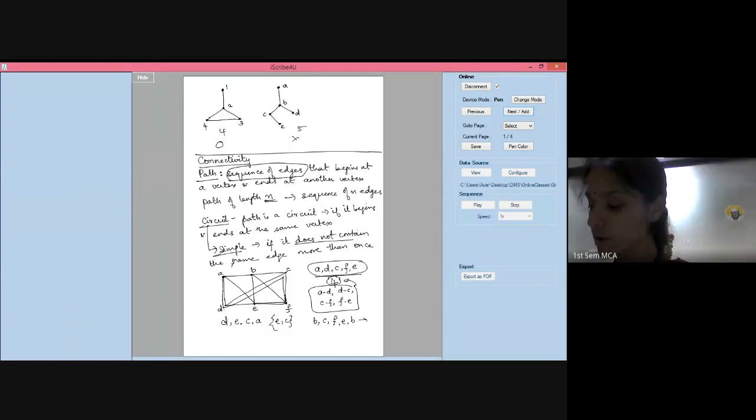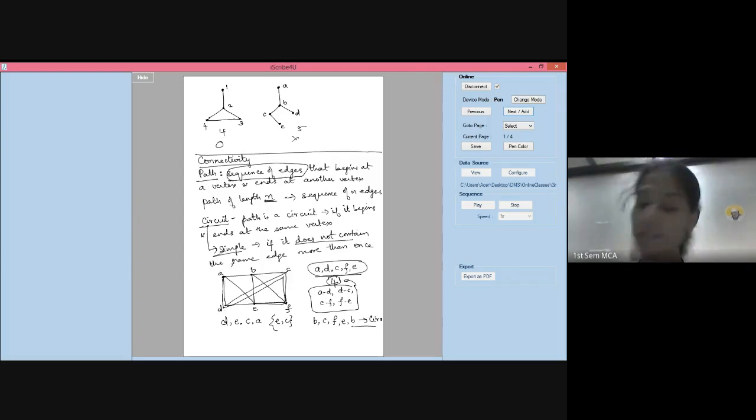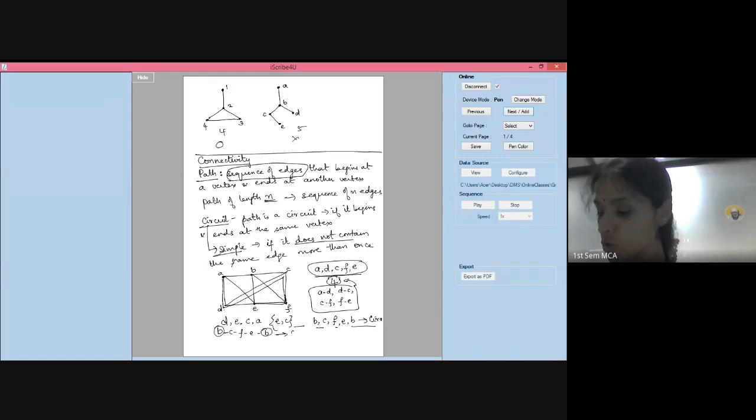This is called a circuit. Why are you calling it a circuit? It starts at the same vertex and ends at the same vertex. You start at B and end at B. Such a path you call a circuit.